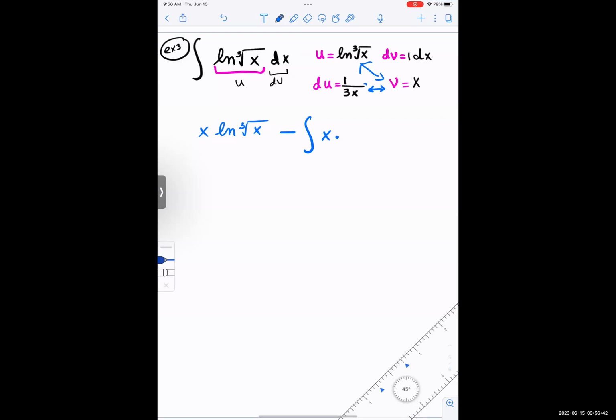Oh, I forgot dx here. So any du, any dx, any dv has to have dx in there. So then v du is x times 1/3x dx.